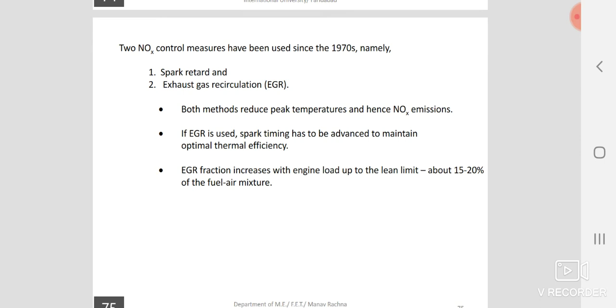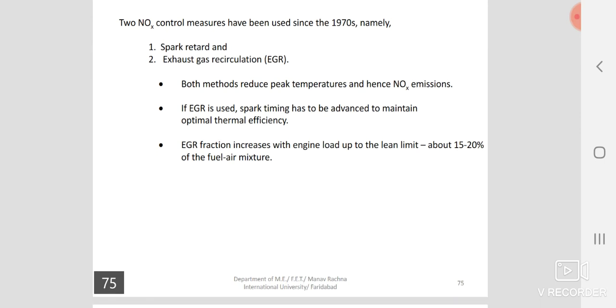Then exhaust gas recirculation increases with engine load up to the lean limit, about 15 to 20% fuel air mixture. Remember, not air fuel, it is fuel air mixture. Fuel is only 15 to 20% of the total mixture. That means air quantity is quite high.